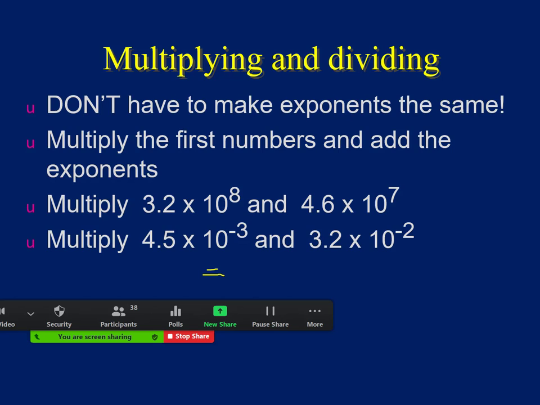I'll do it the long way, and let's compare each other. 4.5 times 3.2 is 14.4. Times 10. Negative 3 plus negative 2 is negative 5. But that's not between 1 and 10, so I'm going to make it 1.44. Made my number smaller. I need to make the exponent bigger than negative 5, and bigger than negative 5 is negative 4.